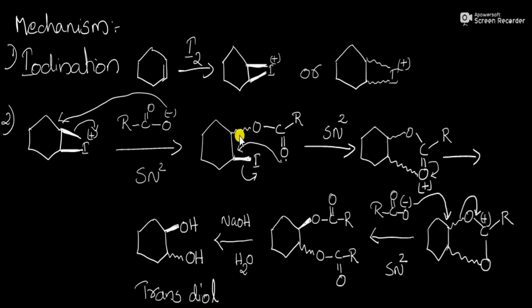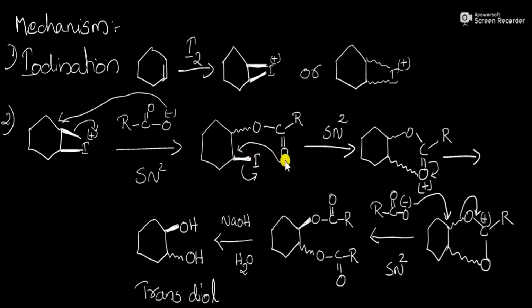So here O, C double bond O, R will substitute and this bond will shift to iodine and we get this structure. Then it follows an intramolecular SN2 attack.